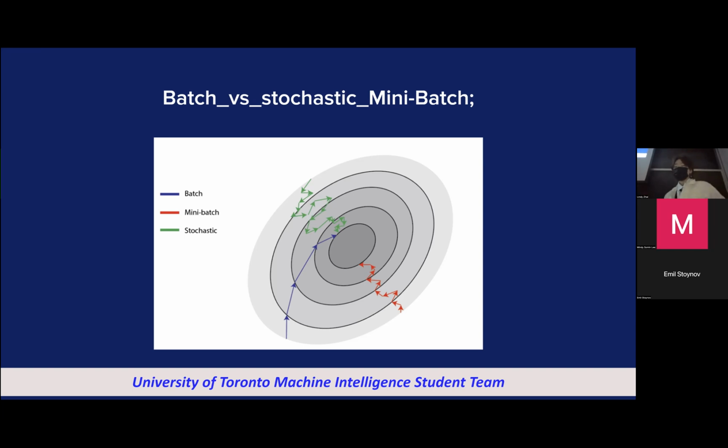But I'm giving this diagram to show you the sense of generalization in the step of the gradient descent. If you look at stochastic gradient descent, it's pretty self-evident that there are some diverged data points in there. And batch, yes.